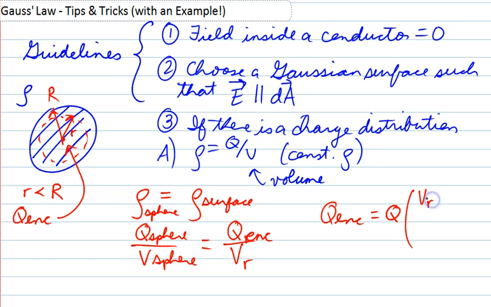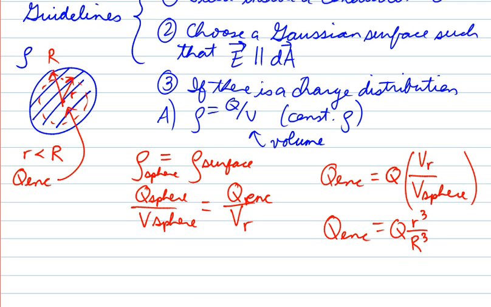It's going to be V at r over V sphere, and because volume is 4/3 pi r cubed, the 4/3 pi is going to cancel out, and we're just going to have little r cubed over big R cubed. Okay, well that's not a big deal.